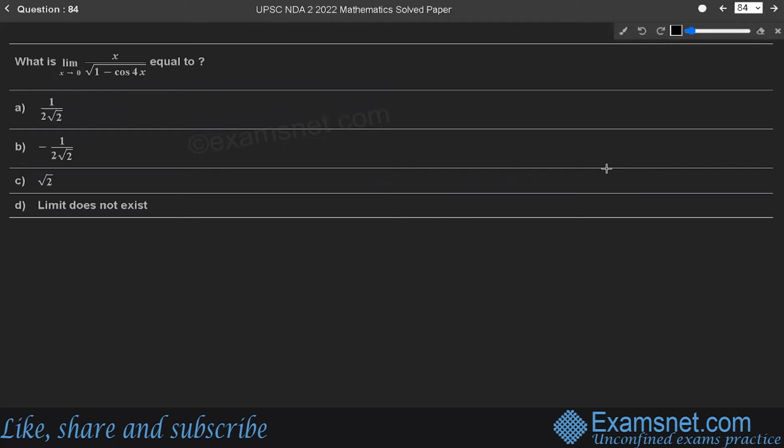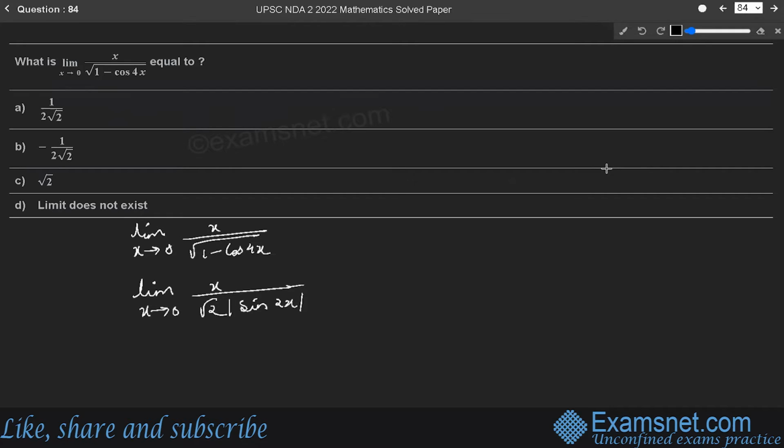Next question is, what is limit x tends to 0, x upon under root 1 minus cos 4x? We know that it can be written as limit x tends to 0, x upon under root 2 and modulus of sine 2x.